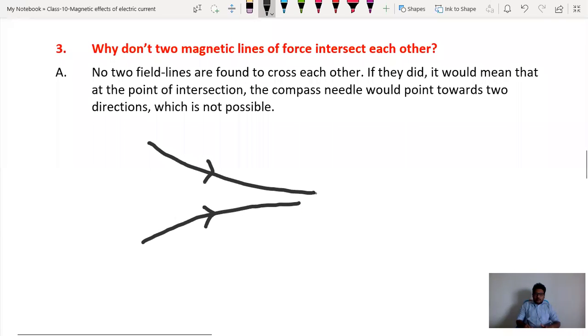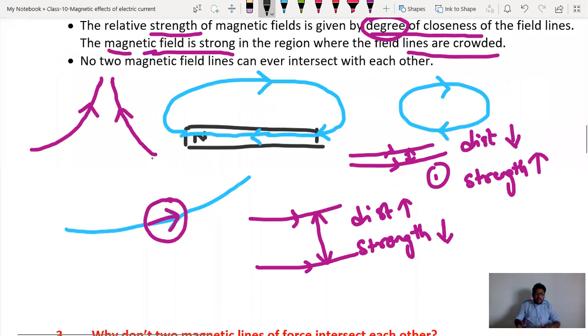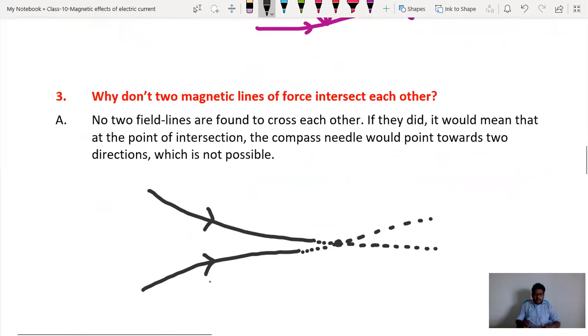Now if it is flowing like this and it is moving like this, this is the point of intersection, isn't it? Now, if you remember the example, if you place a compass needle on a magnetic field line, it will show one direction, right?